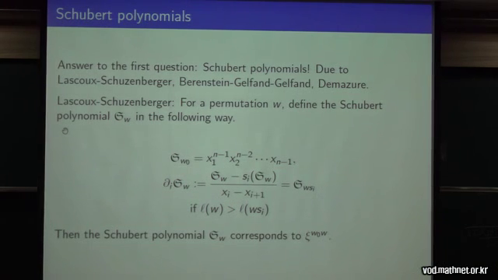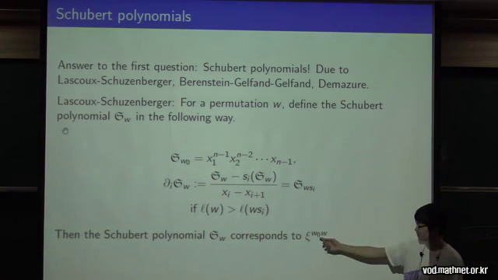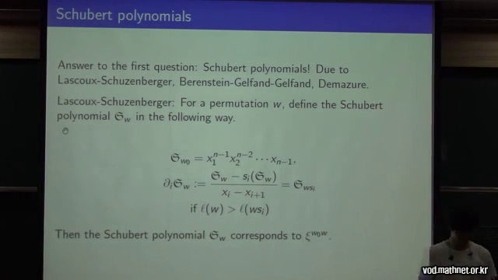There's also an interpretation of this operator in terms of geometry. So that's not random. People study a geometric map between the flag varieties, and it turns out this comes up naturally. And the Schubert polynomial corresponds to the Schubert class of w naught times w.